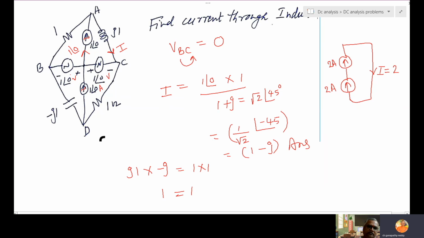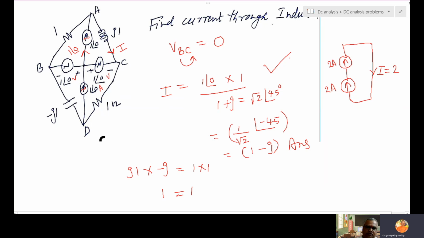When the bridge is balanced, current will not flow. What is the current flowing from B to C? 0. So this current will not flow. Here only current of 1 angle 0 is coming. So accordingly you can also answer. But the best idea is this.